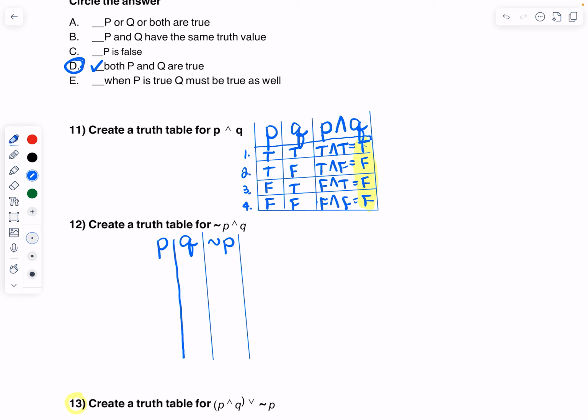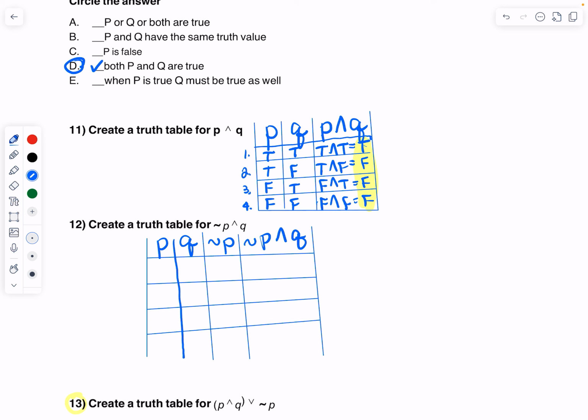And then I'm going to put that negation with an and symbol and Q. Okay, so I'm setting up my truth table here. Again, I have 4 rows. And as I'm drawing this, the first 2 columns, P and Q, don't change, okay?